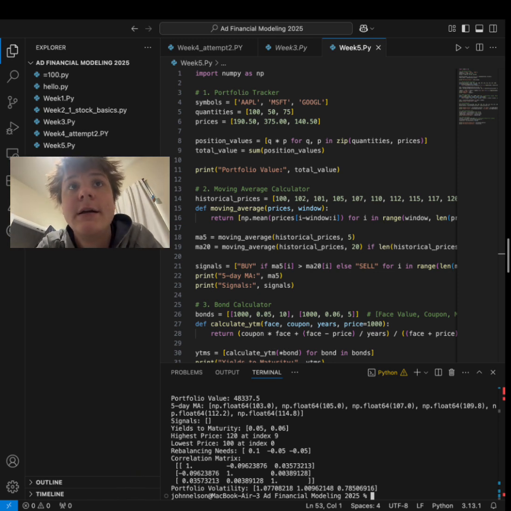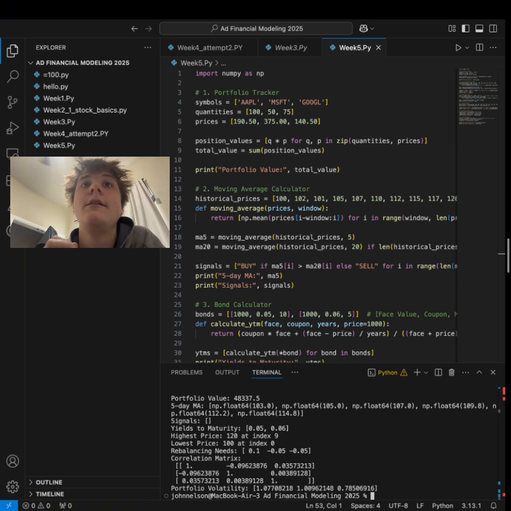Bond calculator. Bonds equals 1,000, 0.05, and 10, 1,000, 0.06, and 5. This is face value, coupon, and maturity. Def calculate YTM face, coupon, years, price equals 1,000. Return coupon times face plus face minus price divided by years, divided by face plus price divided by 2. So that's obviously the formula.